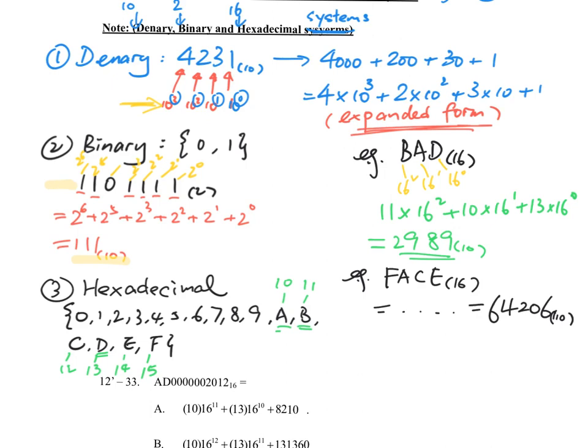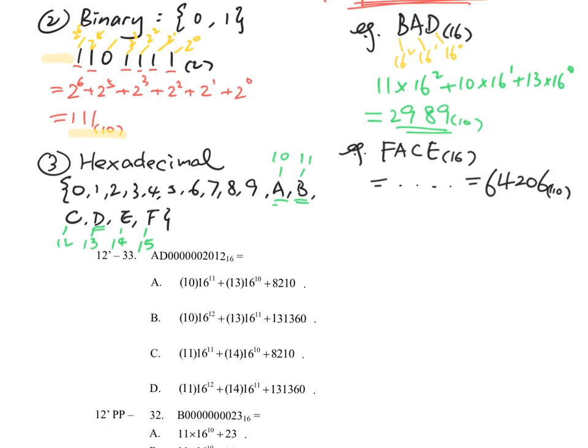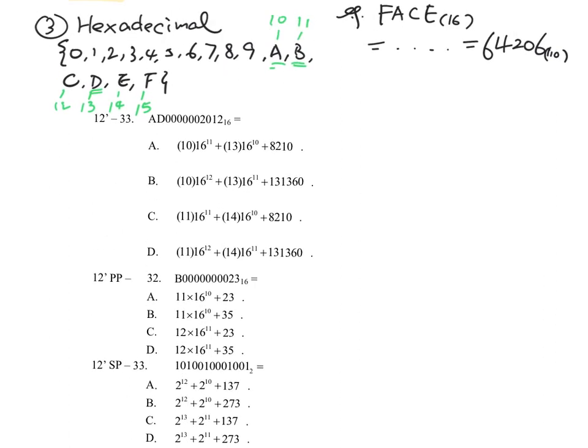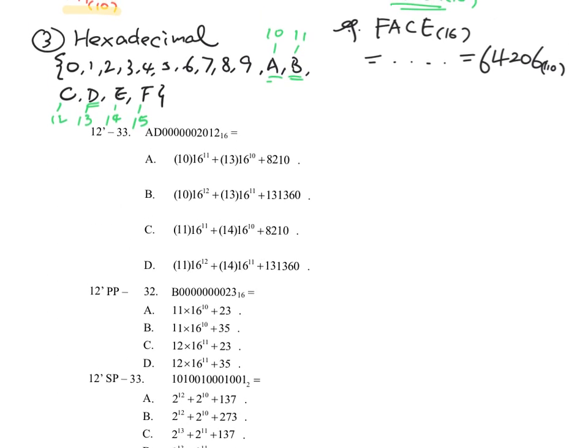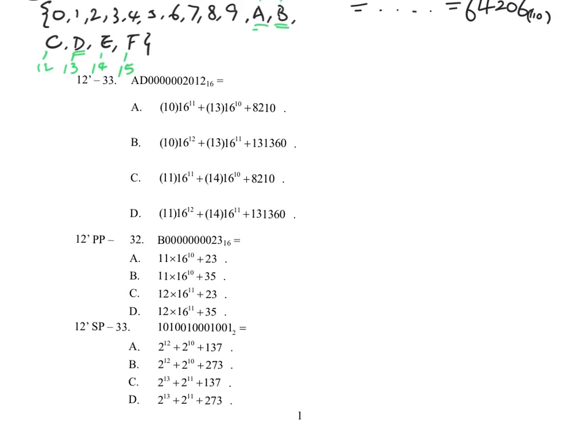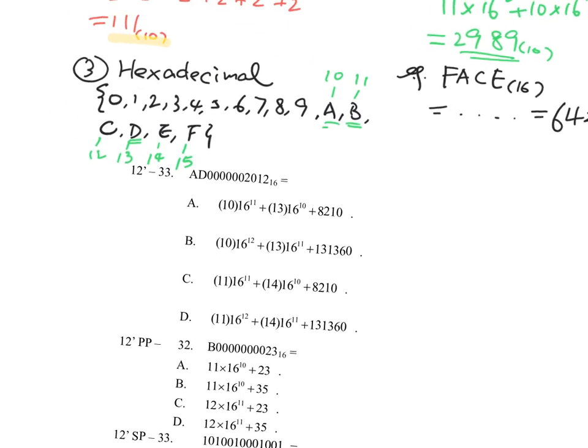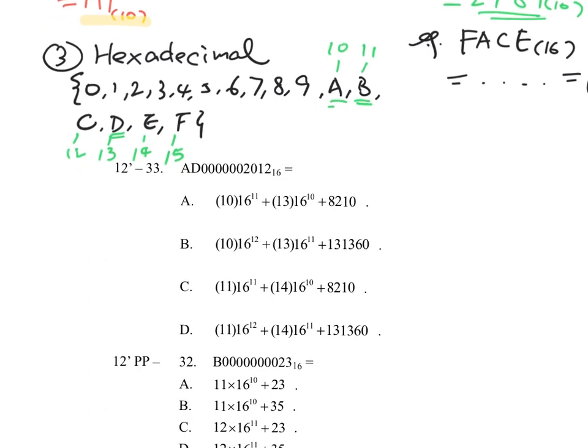After you understand the basic principles about denary, binary, and hexadecimal, let's take a look at three different questions that you can find in the past paper. First of all, we have question 33 in 2012, and you see it's a very long number because it prevents you from using a calculator.